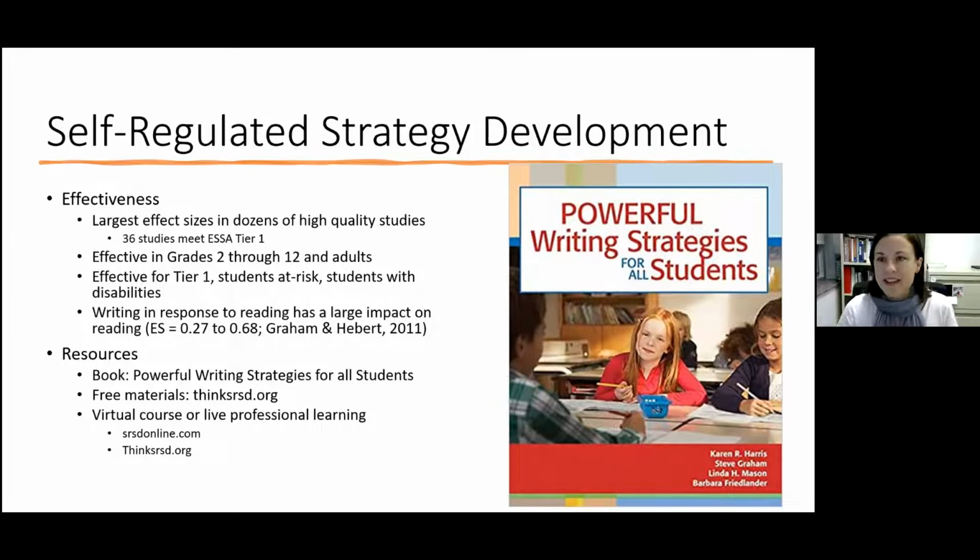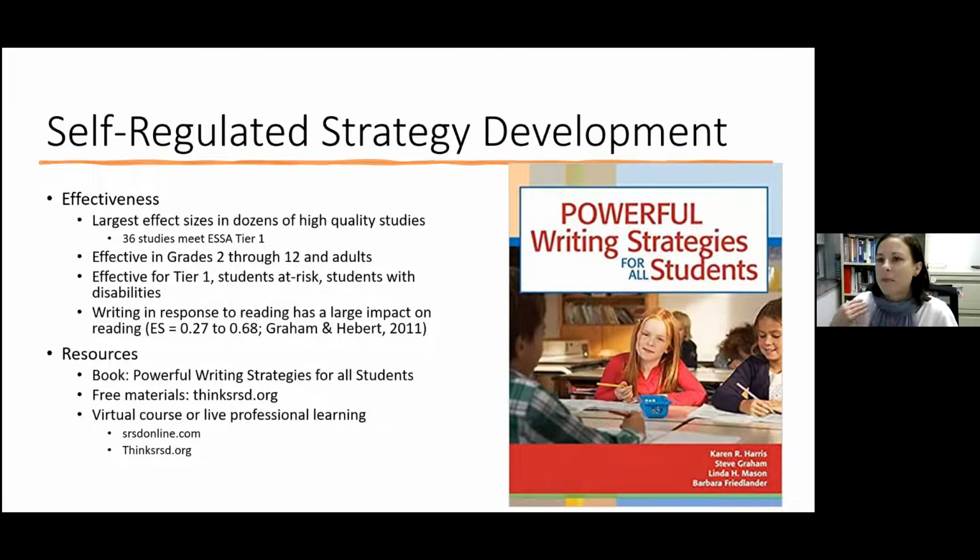For writing, there is one method that has had completely overwhelming evidence. In the What Works Clearinghouse, where you can find the effectiveness of interventions, you have a few reading programs that show potentially positive effects, supported by a small number of studies.